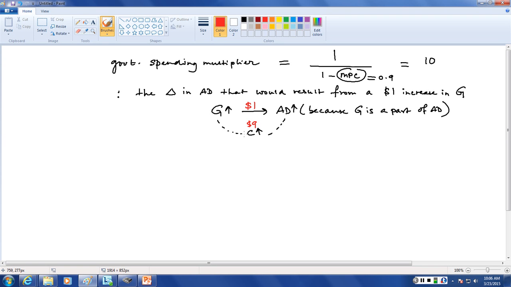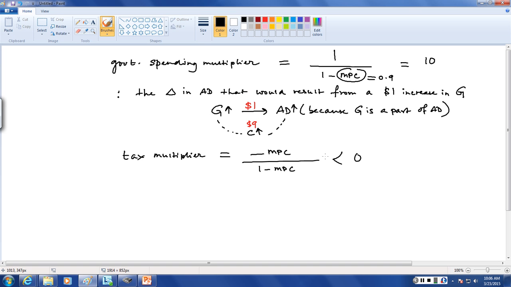Right? Now, the next multiplier that we studied in class was the tax multiplier. And what's the tax multiplier equal to? The tax multiplier, you will recall, is equal to negative MPC divided by 1 minus the MPC. So notice that this is a negative number.